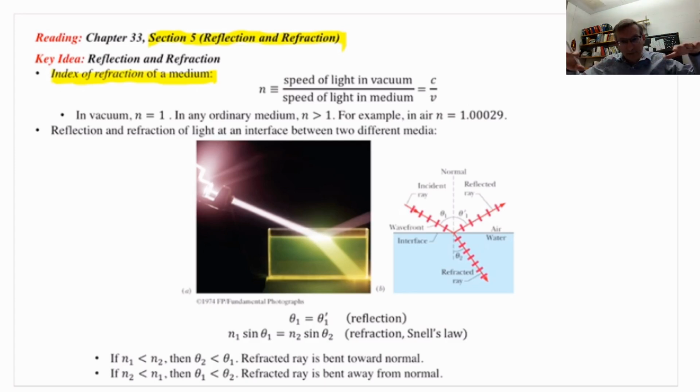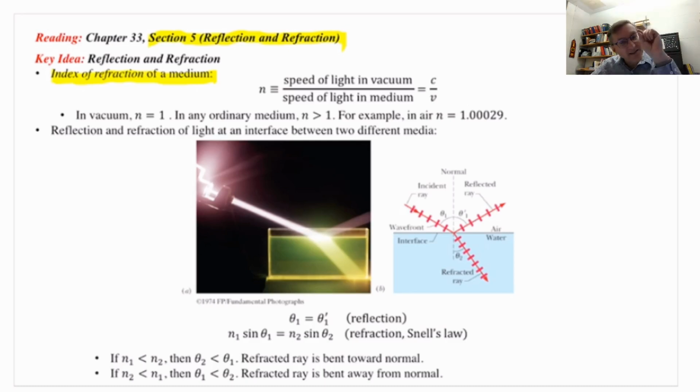And then the neighboring atoms or molecules will absorb those emitted electromagnetic waves and then emit new ones. And it will continue kind of like a chain reaction, one row, if you like, of atoms or molecules after another. And that's how the light propagates through an actual transparent material.